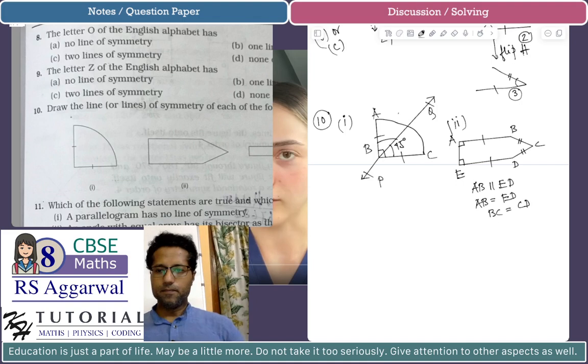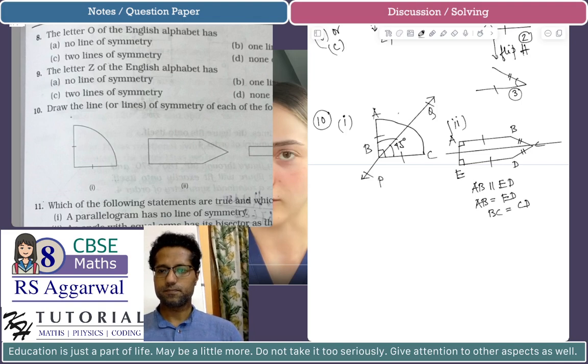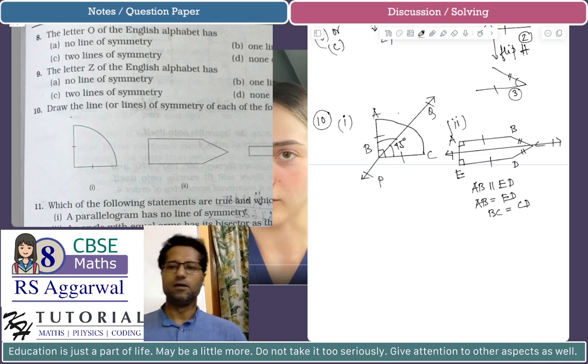Now definitely the line parallel to AB and ED and passing through the point C will be the line of symmetry. So it will have one line of symmetry.